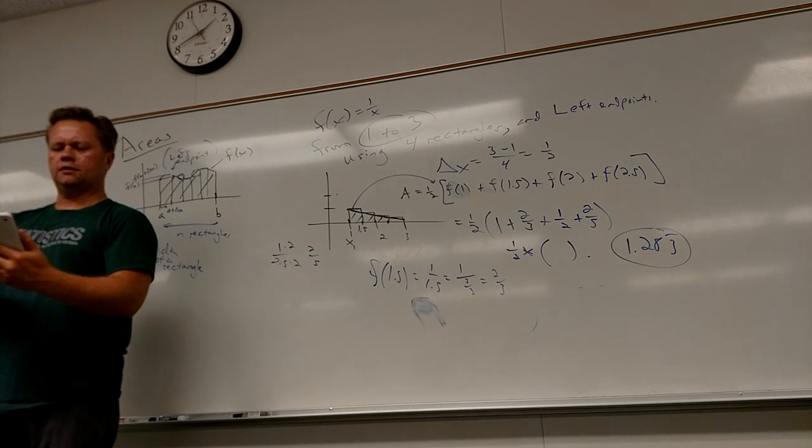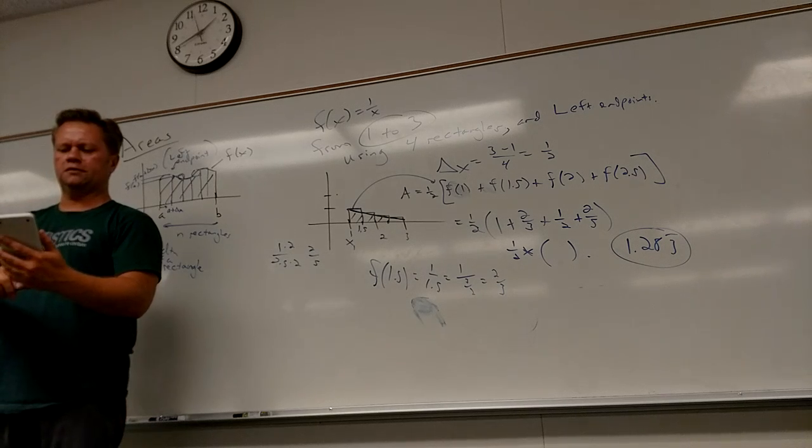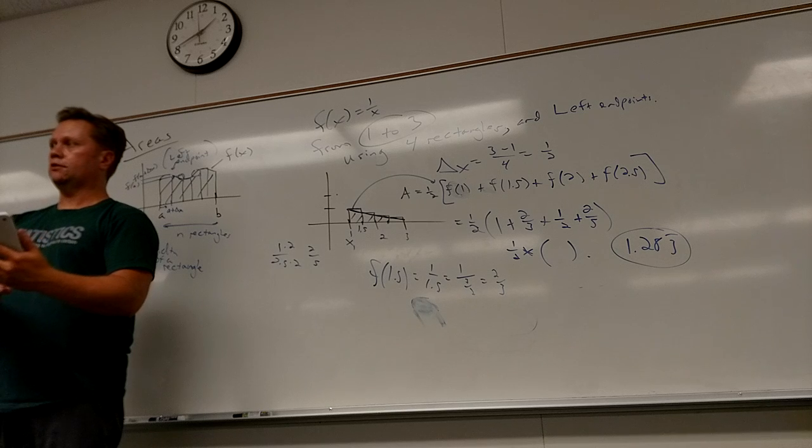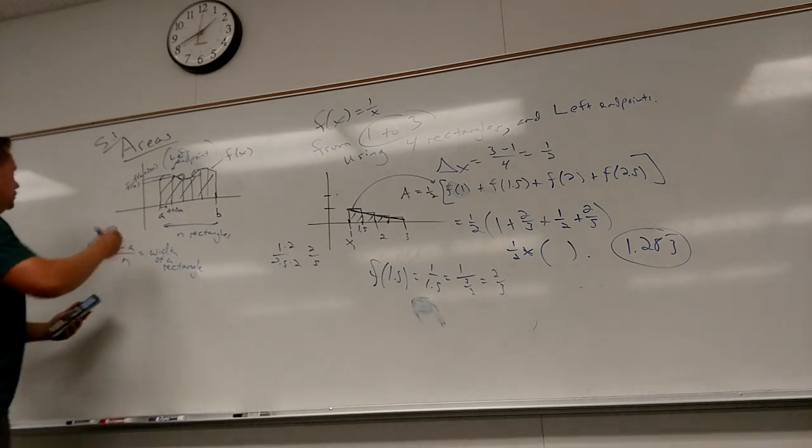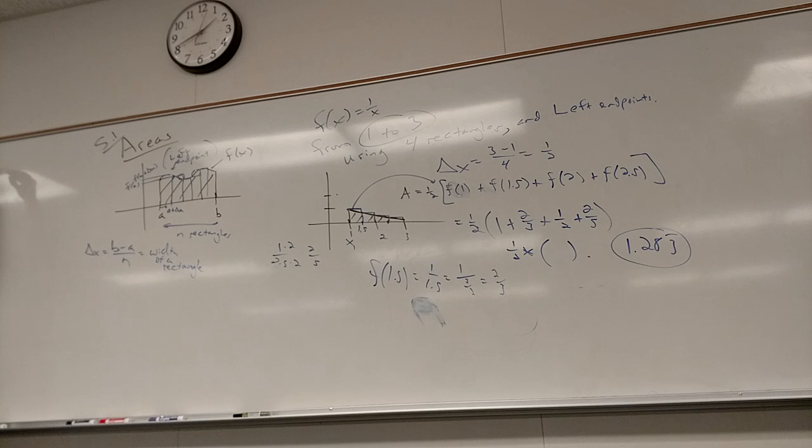The only mistake I could think of gives me 2.07. You should get 1.283. In your calculator, it should look like 0.5 times parentheses 1 plus 2 divided by 3 plus 0.5 plus 2 divided by 5. Right? So make sure you can get that 1.283.